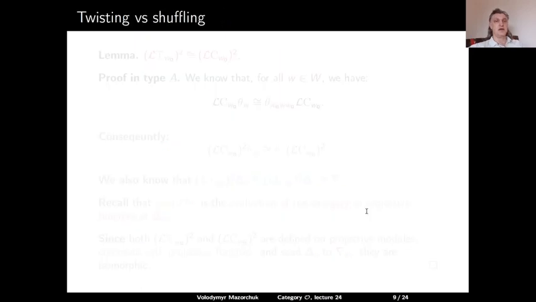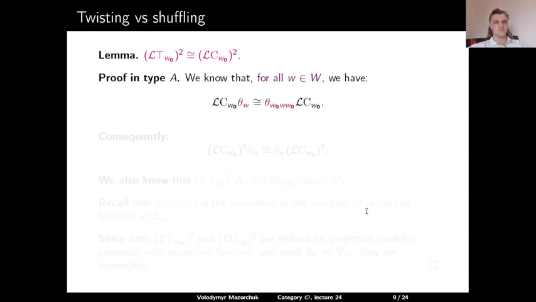Let us start with comparing the square of the left derived of T_{w_0} with the square of the left derived of C_{w_0}. Claim: these two functors are isomorphic. So we will prove this claim in type A, where the proof is very easy.